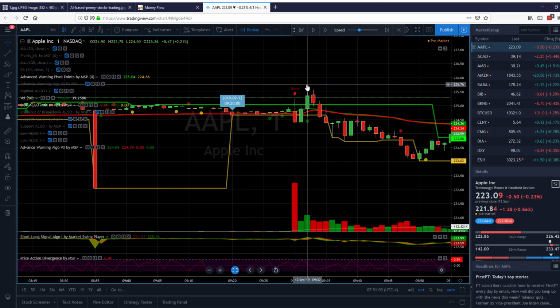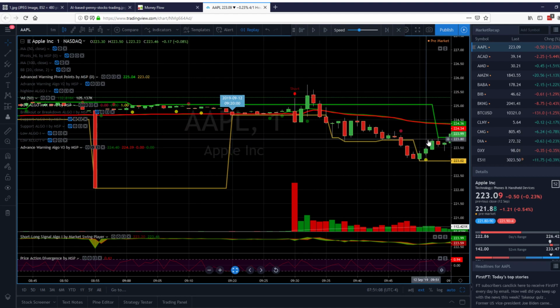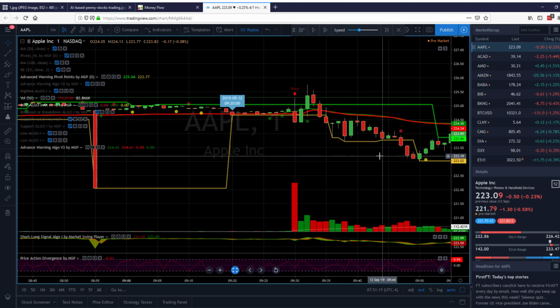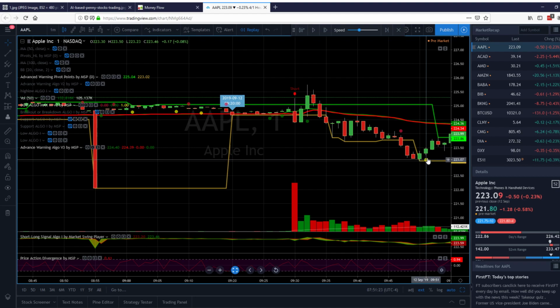There was a surge at 100 miles an hour, and it dropped like a rock. So we could see it drop below that 223. Here a pivot came, but that was an old pivot, so that's like 223.8. But we're thinking it's going to drop below the 223.3, and it did, and we got a new pivot, and we also got a signal.